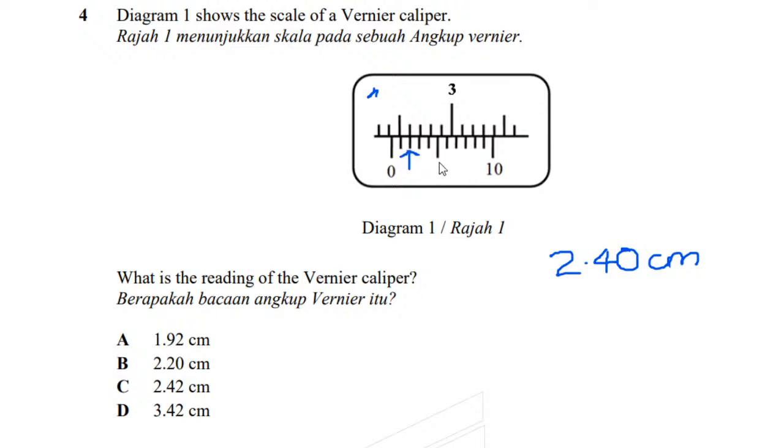So the reading for the vernier scale is 0.02. You add it, so the answer is 2.42 cm. So the answer is C. Okay, so we move on to the next question.